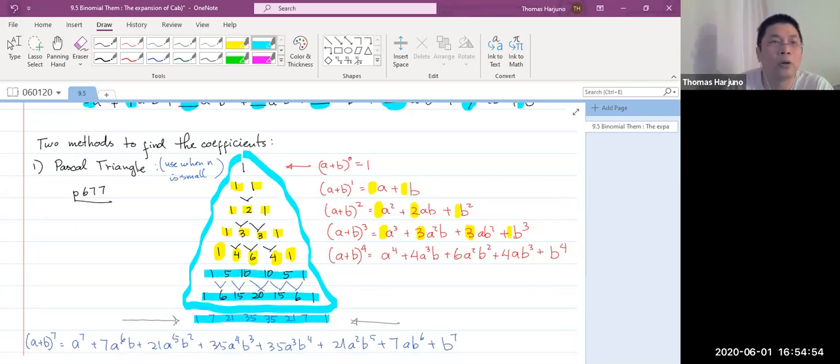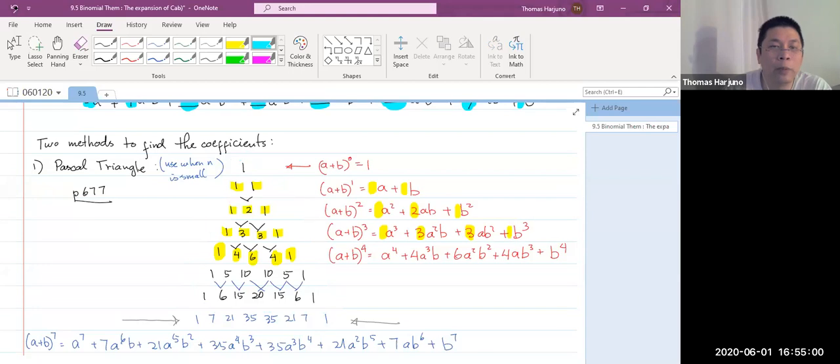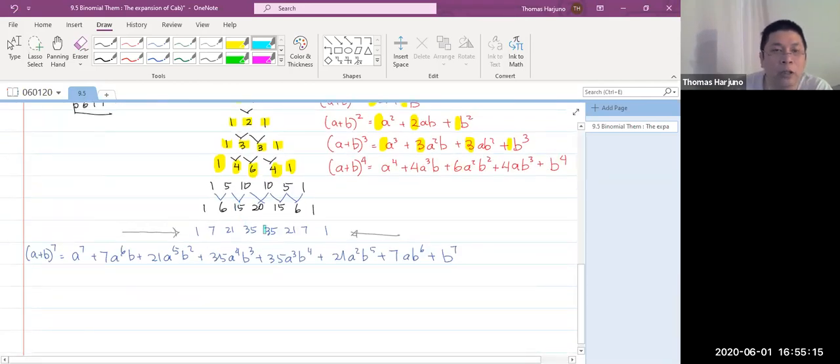So if I want to have a plus b to the 20th, then I need to build a very big Pascal triangle from 1, 1, 1, all the way to 1, 19, whatever. It will be a very, very big triangle if I need the degree of 21 or 22.